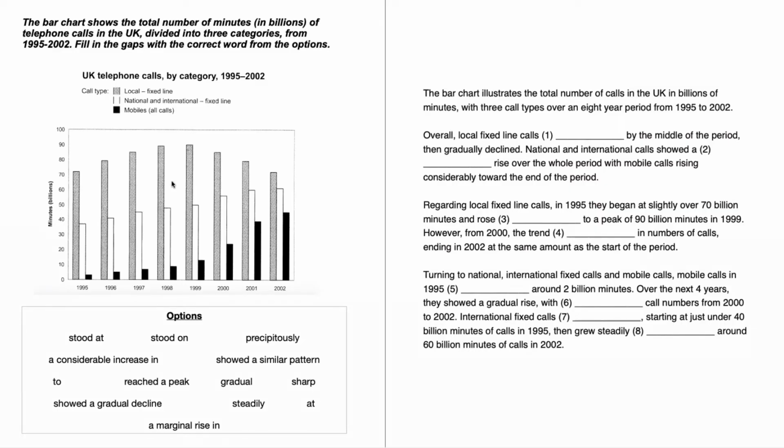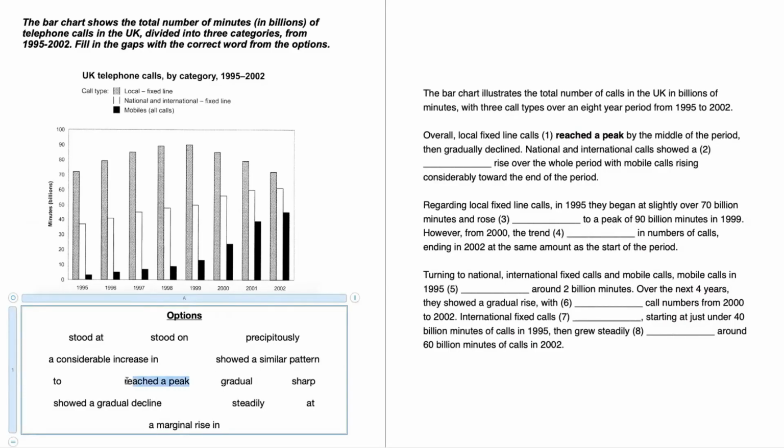So I would say that the middle period represents the highest point, or like we looked at today, it would be a peak. So if we look at our options, we see reached a peak, and that is going to be the correct answer. Local fixed line calls reached a peak by the middle of the period, then gradually declined. I can eliminate this from our options since each answer will only be used once. Let's continue.